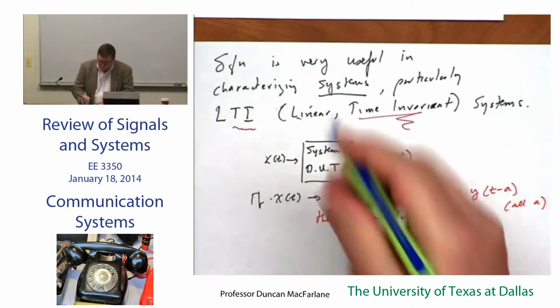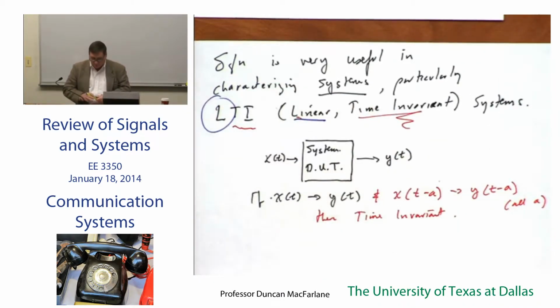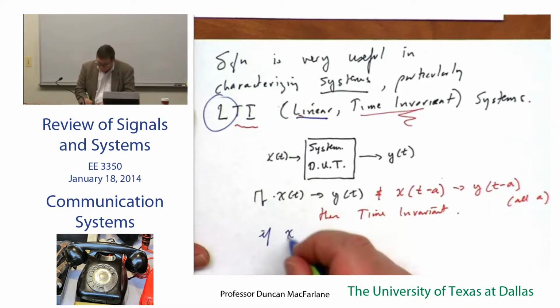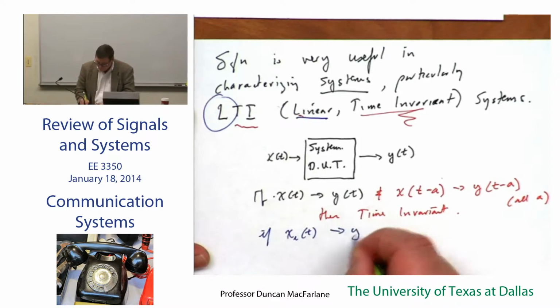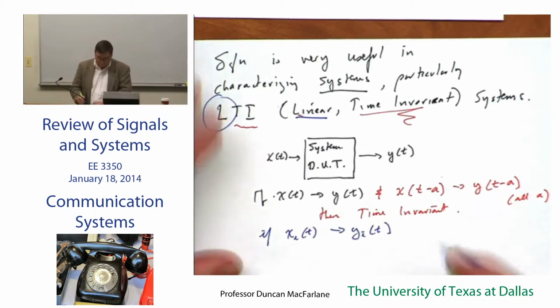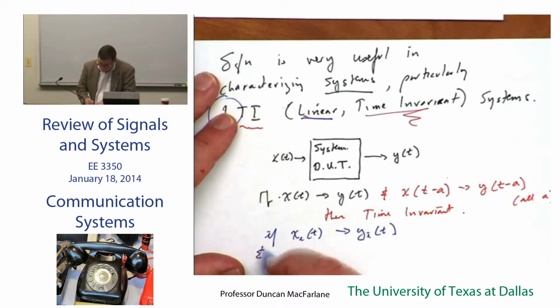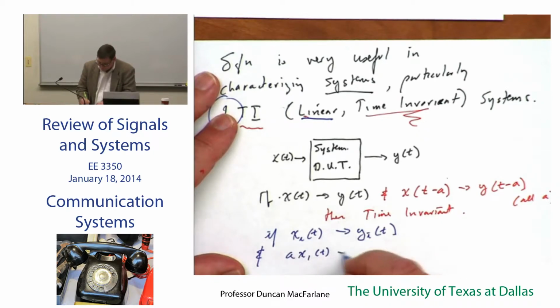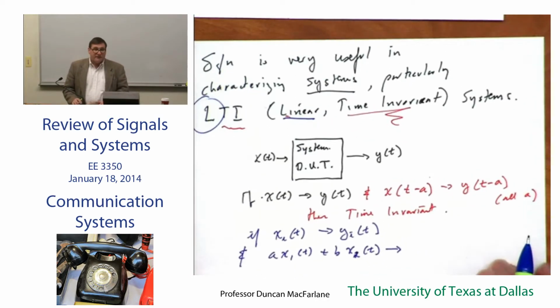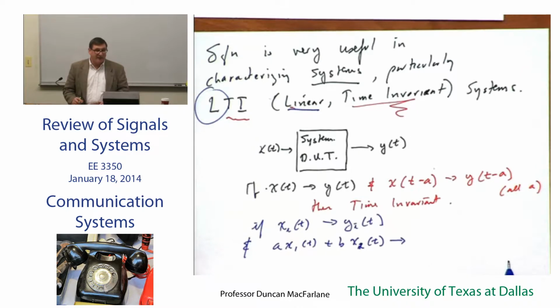The second one is this linearity, the L part of this whole equation. If x i of t goes to y i of t, and I can find two signals, or for any two signals, and I add them together, a weighted average together, weighted adding together.